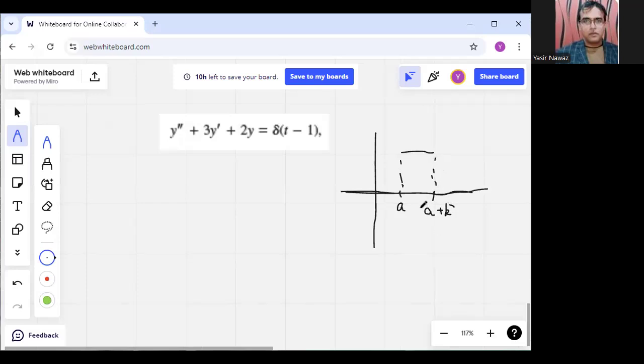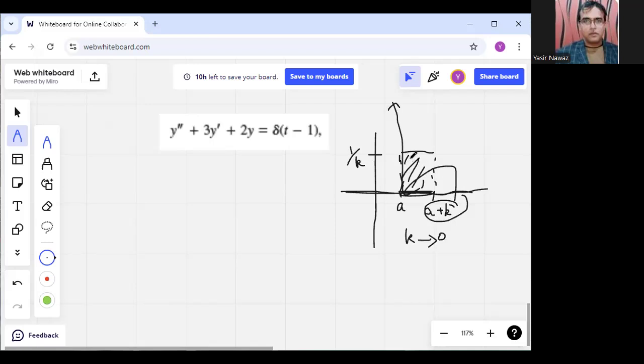This length is K, and suppose that this length is 1 over K. When the limit is applied, K approaches 0, this point will approach this point, and because the area should be 1, the height of this rectangle approaches infinity.